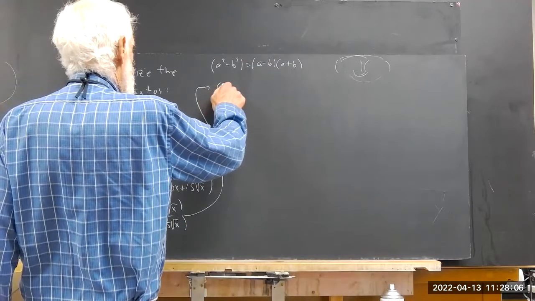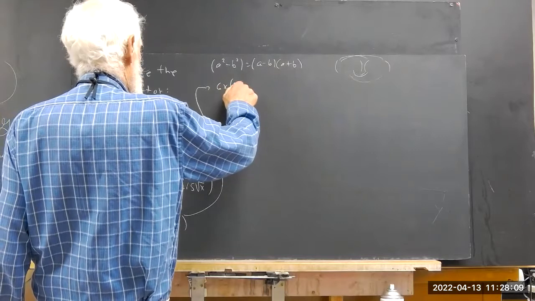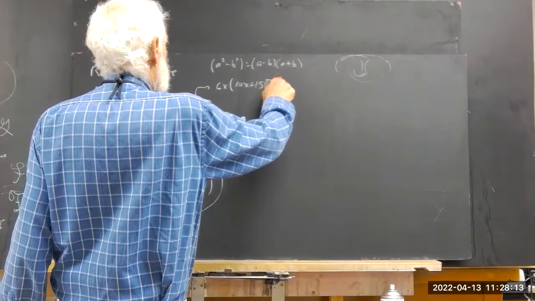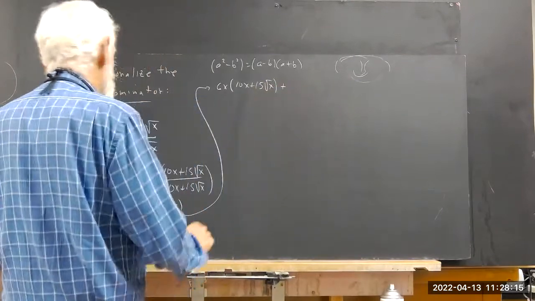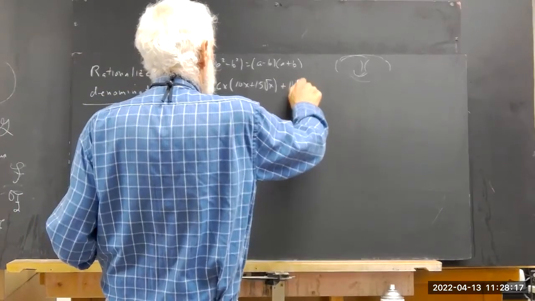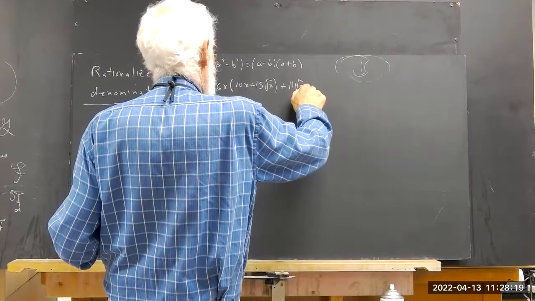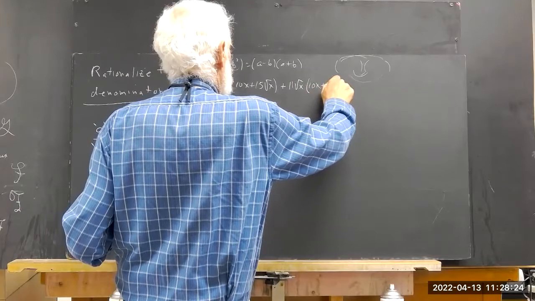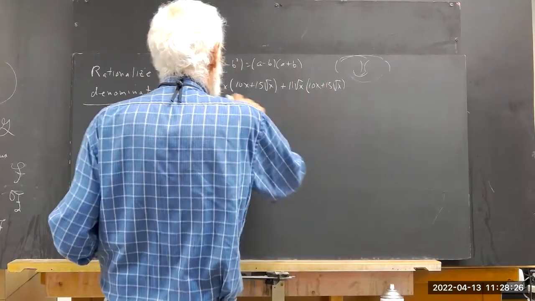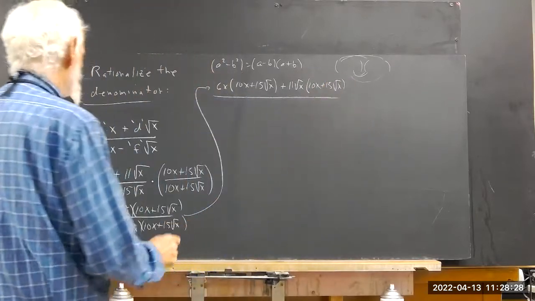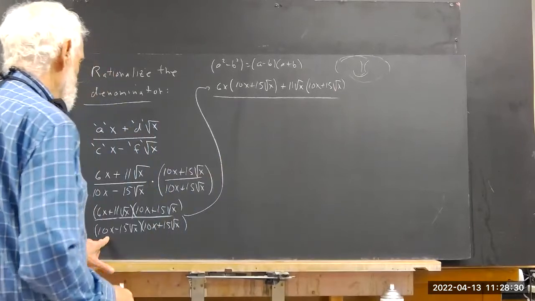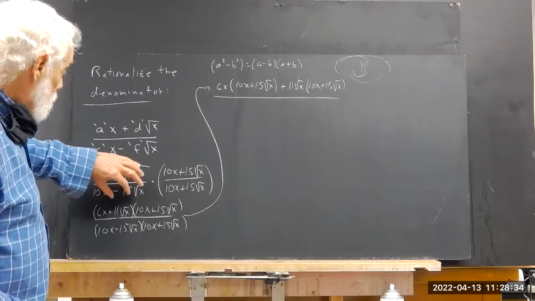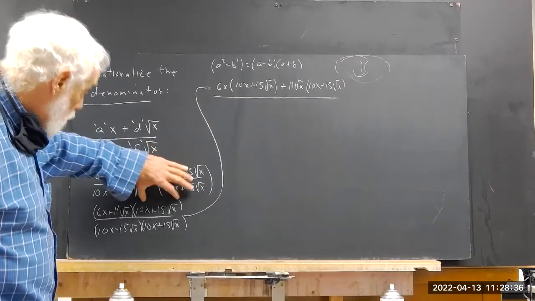So we write this as 6x times 10x plus 15 square root of x, plus 11 square root of x times 10x plus 15 square root of x, all over the denominator. Again, what I did in the numerator, it's 6x times all this, plus 11 square root of x times all this.